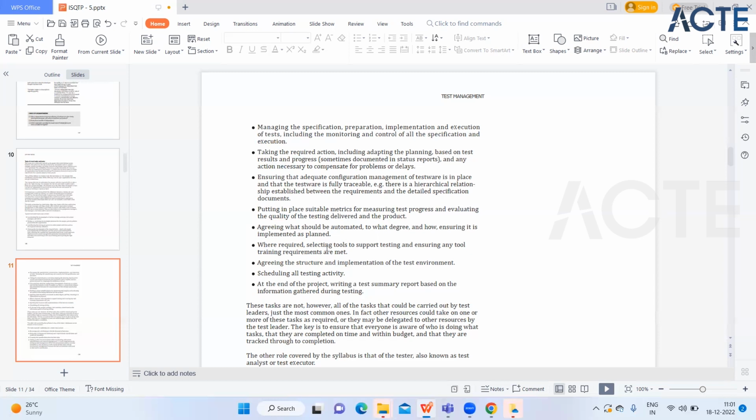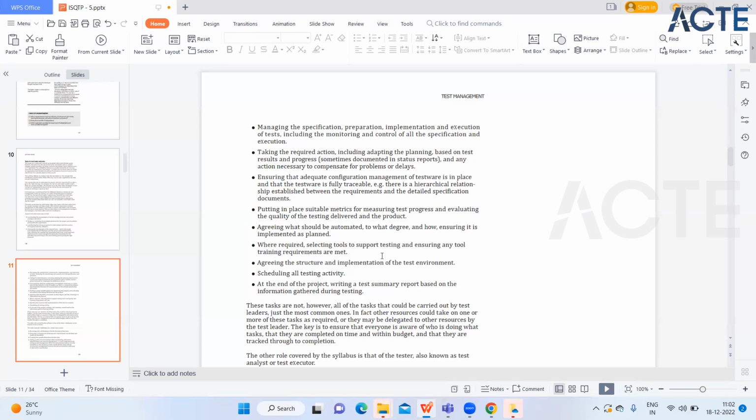Where required, selecting tools to support testing and ensuring any tool training requirements are met. So it's a responsibility of the test lead: whatever tools we are using, whether they are supporting or not, and whether they are working properly for all the test team members.